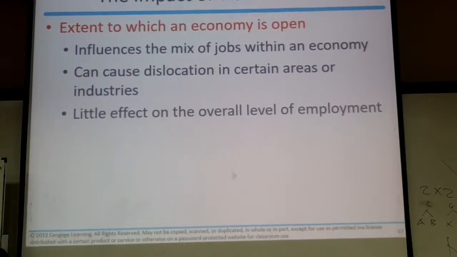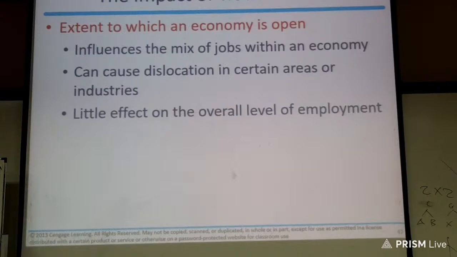Because according to the theory of comparative advantage, the United States has comparative advantage in capital-intensive industries. So who will lose? Labor-intensive industries will go bankrupt or will close.